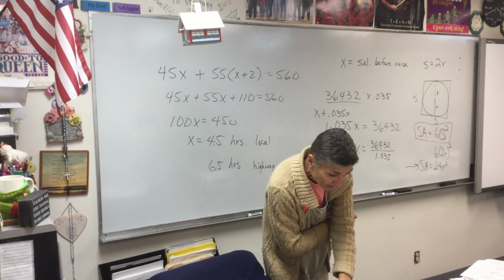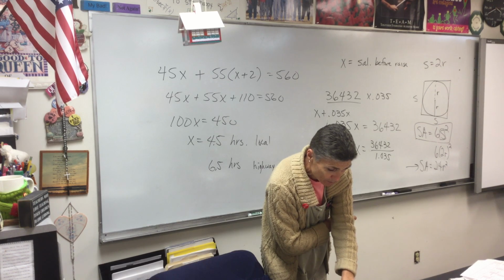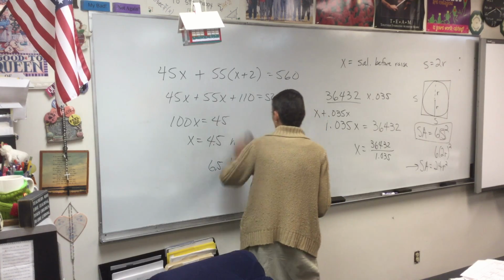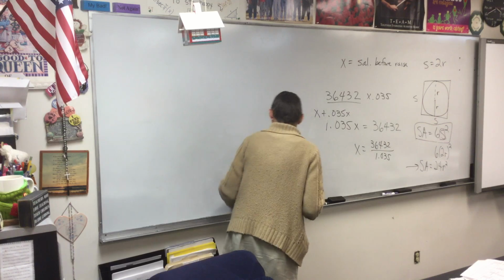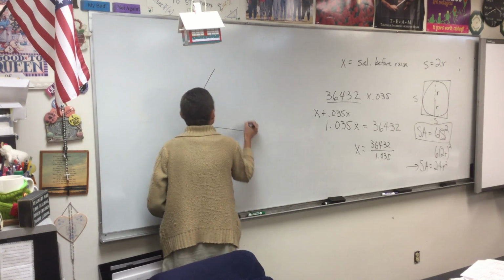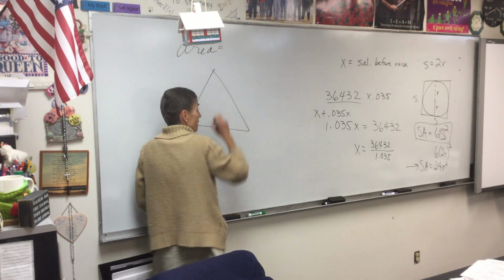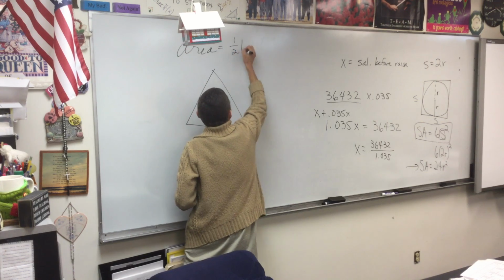17. The base of an isosceles triangle is half as long as the two equal sides. Write the area of the triangle. Okay, let's draw a picture of the situation. There's my isosceles triangle. What's my formula for area? 1/2 base times height.